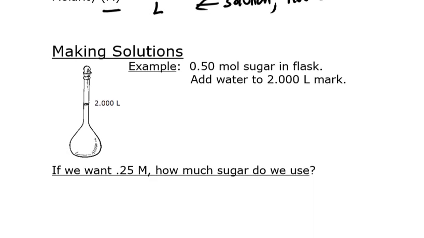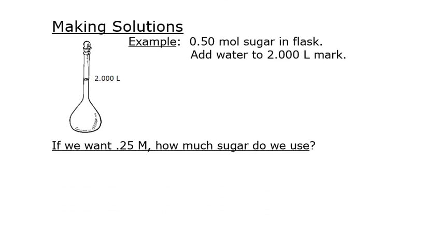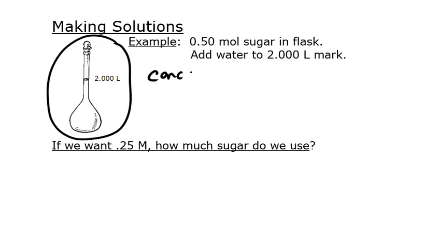So now we'll go down to making solutions. Now suppose that you want to take 0.5 moles of sugar and add water to the 2-liter mark. What will the concentration of that solution be? So we use a volumetric flask like this, which is calibrated accurately to 2 liters, and we'll calculate the concentration of sugar.